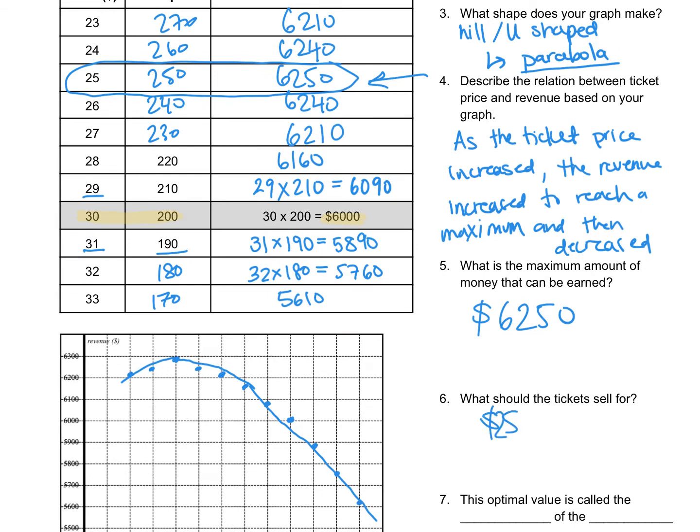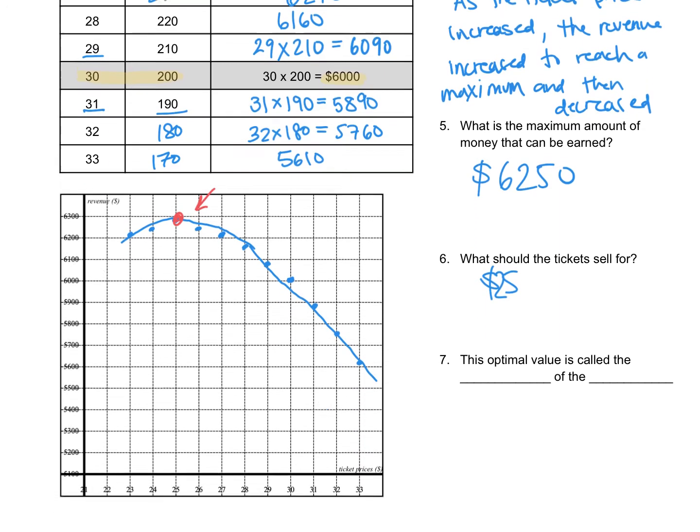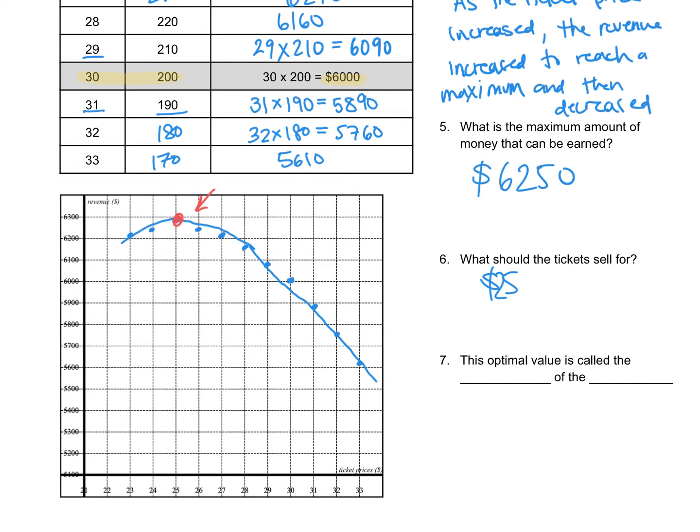Now, this point that we used is right over here. That is your maximum. It is called an optimal value. So an optimal value would actually include both a maximum and a minimum. But this special point is called the vertex. It is the tip of the parabola. So the optimal value is called the vertex of the parabola.